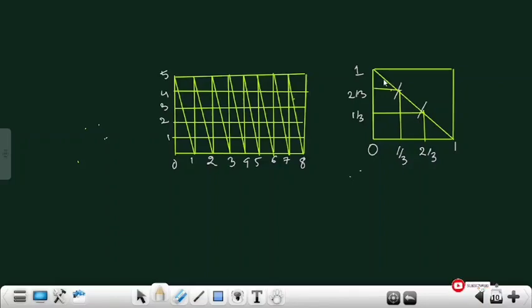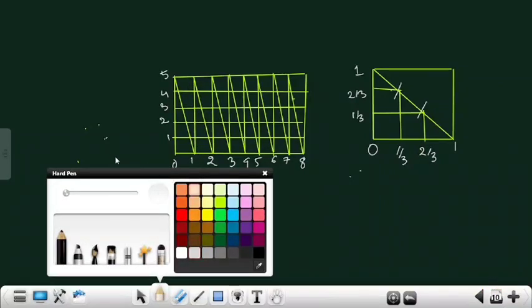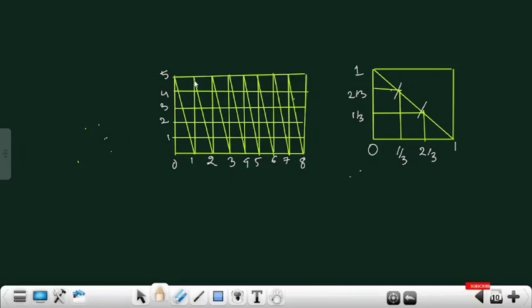So the diagonal line easily divides this projected line into equal parts by dividing this diagonal into equal parts. So these diagonal lines are equal, and they are parallel to each other, so we don't need to join them as before.